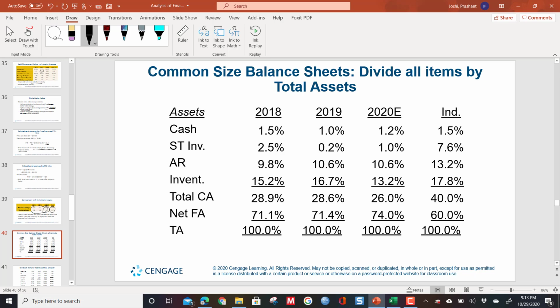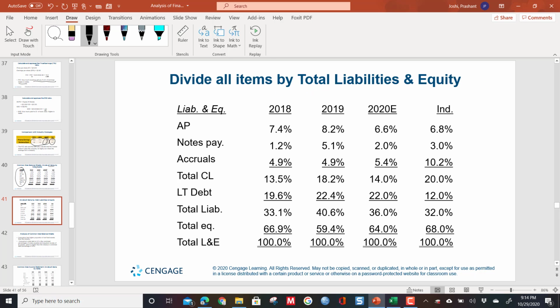Now, when you prepare common size statements, such as common size balance sheets, you are dividing all items by total assets. The common size balance sheet liabilities are those components of the liabilities expressed as a percentage of the total liabilities and equity.